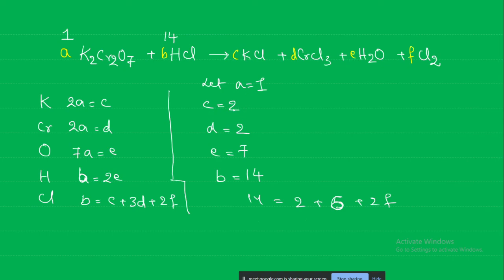C is 2, chromium chloride. D is 2. Water H2O, E is 7. And F you solve, how much you got? F is 3.